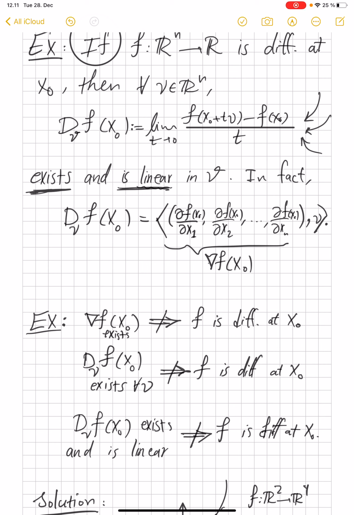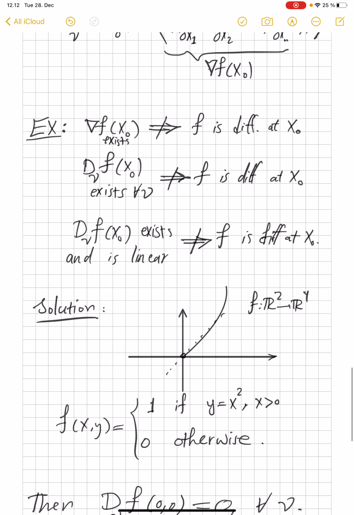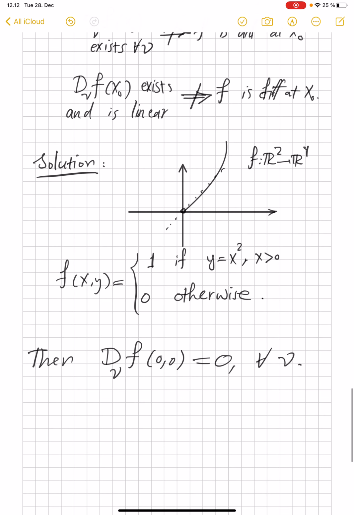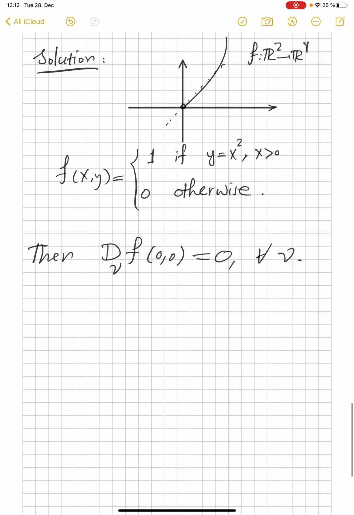That does not happen. So if these limits happened at a common speed for all v's, that would be actually just differentiability. But in this example, obviously, that does not happen. There isn't one common delta such that it works for all directions.